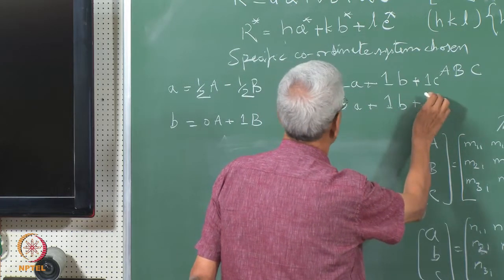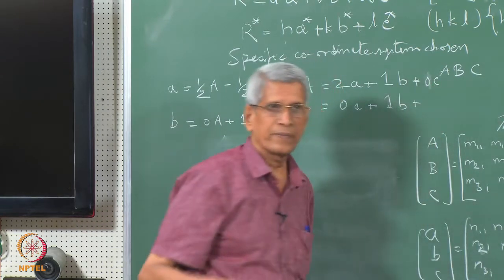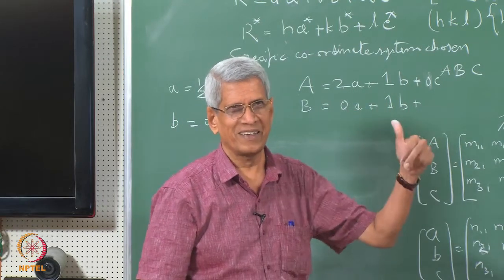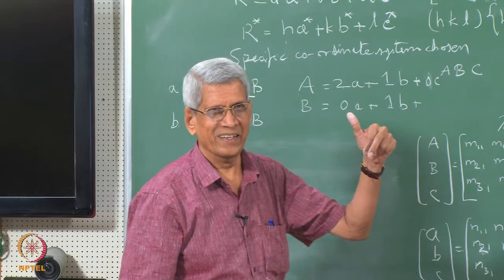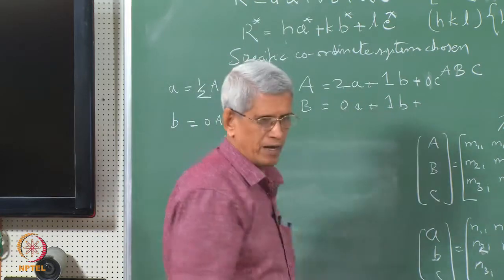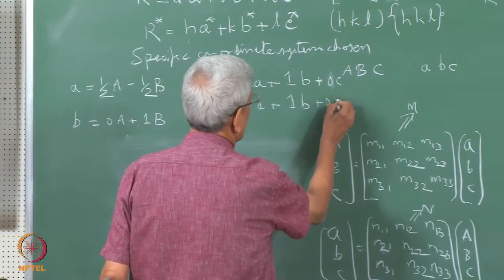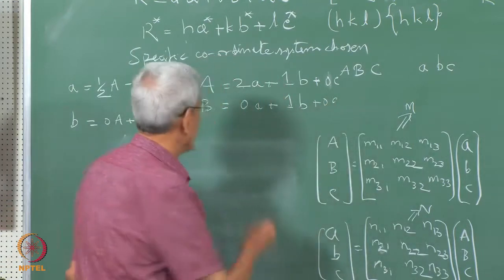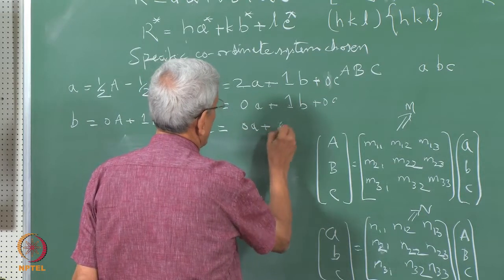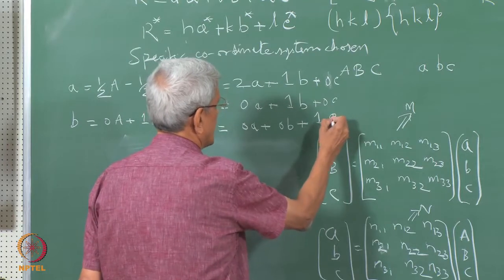B is, no, A will be 0 into C, because in the 0 direction there is vector A, when we represent it there is no projection, correct, no component of A in the basal plane, correct. Here it will become 0 into C, and what will happen to C? 0 into A plus 0 into B plus 1 into C, correct.